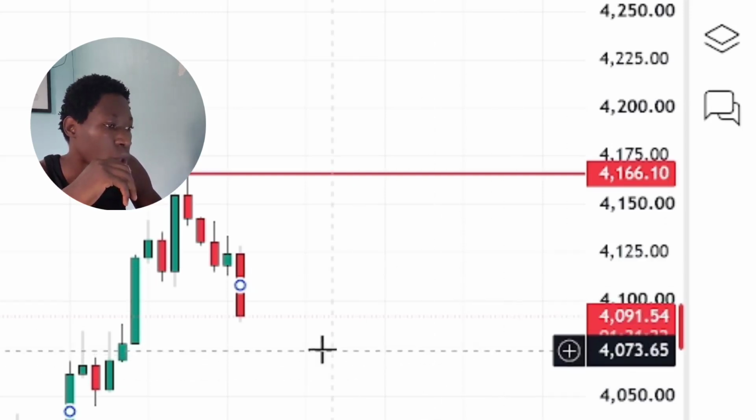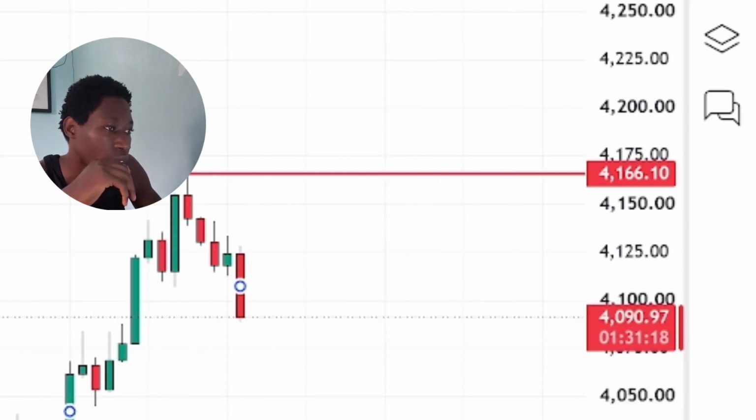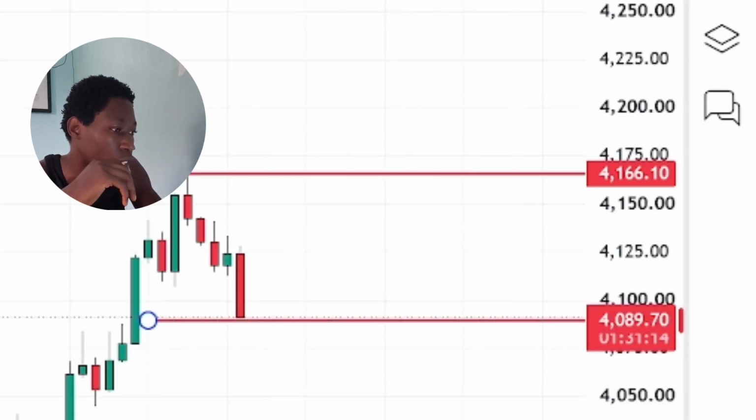Now let's say you want to calculate this pip from where the market is currently to where it was before, which is where it was yesterday. So from this point to this point, from $4,166 to $4,089. So you come to your calculator.